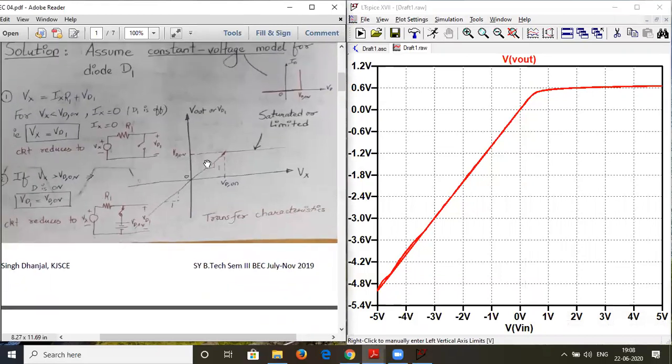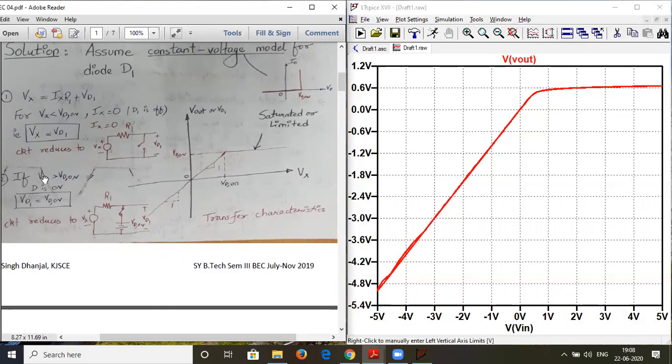So whenever V in is less than VDON, that time my diode is off. And whenever my diode is off, my output will follow the input. So what is the meaning of output following the input? A straight line passing through the origin having a slope of 1. And whenever the input crosses VDON, that time my output will be saturated or limited, or it will be a straight line.